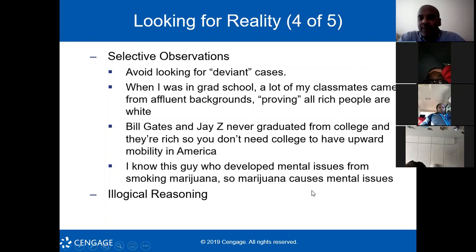I know this guy who developed mental issues from smoking marijuana, so marijuana causes mental issues. That's true, right? No. Now, it may be true, Devicia. For example, I do know a dude who went to school with us in high school, and he got a hold of some bad stuff, and it messed him up pretty bad. But you know what's also true?